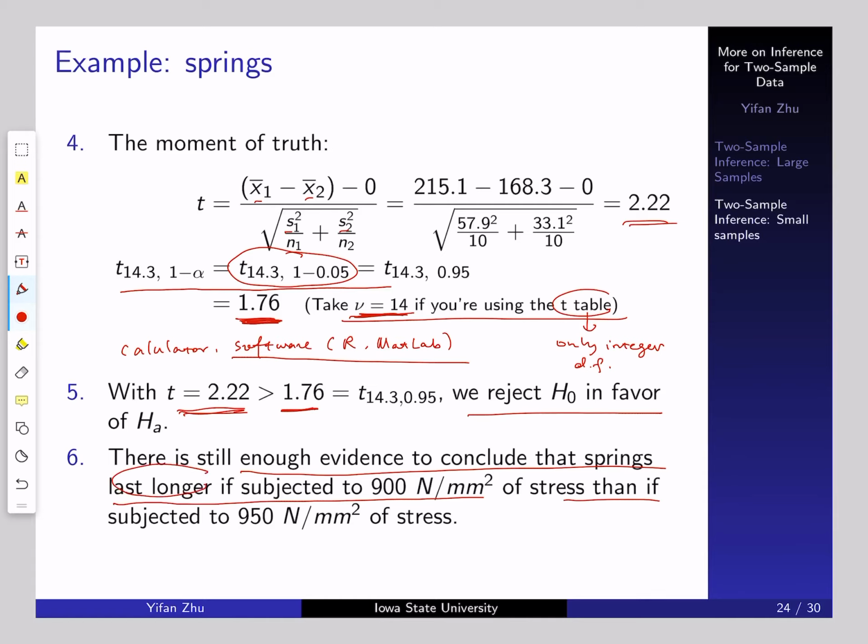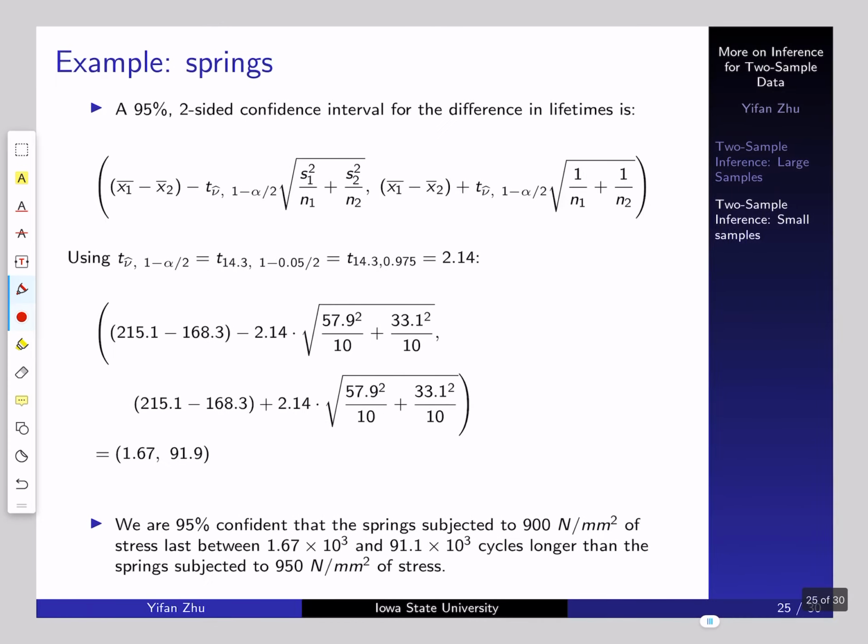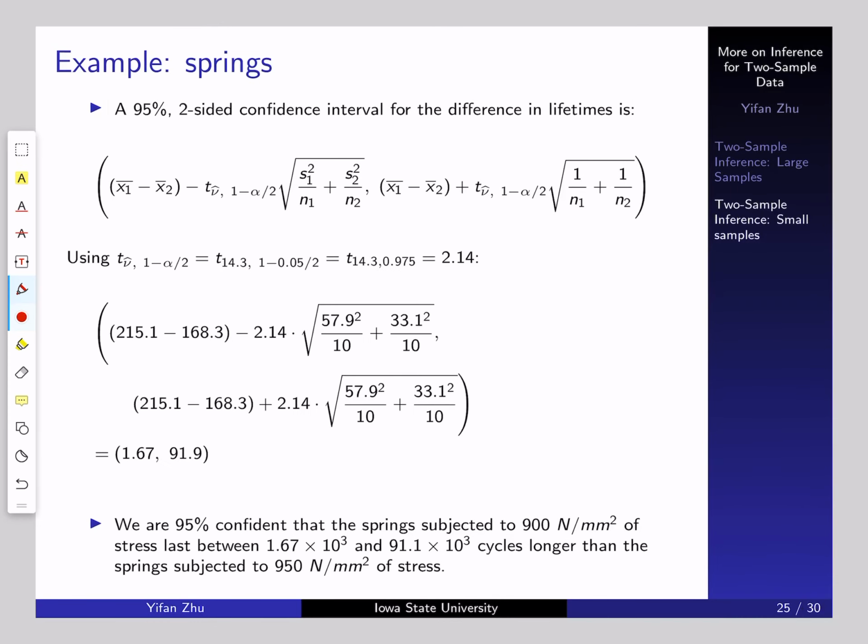So mu1 minus mu2 is greater than 0. They last longer than those springs subjected to the 950 stress. And we can construct a 95% confidence interval.